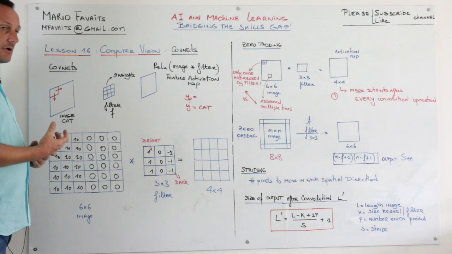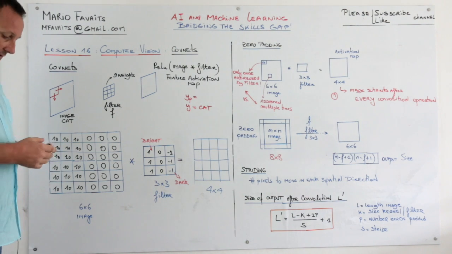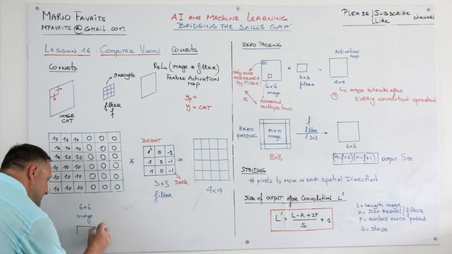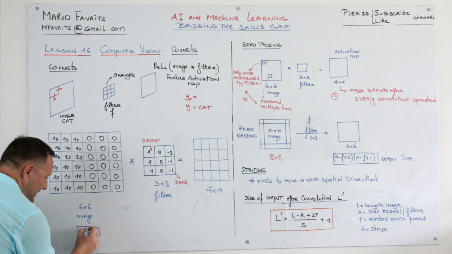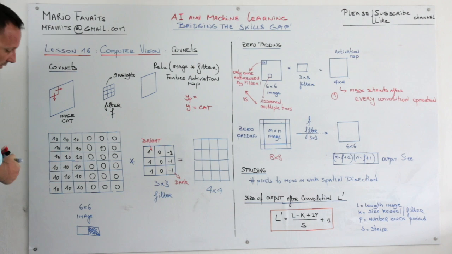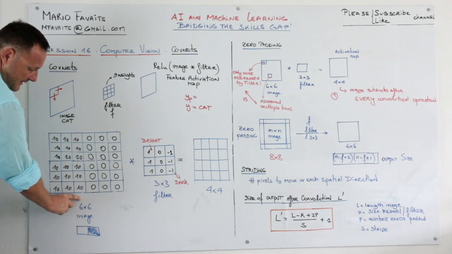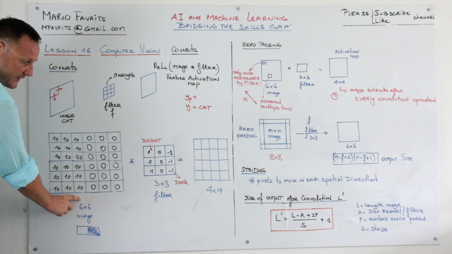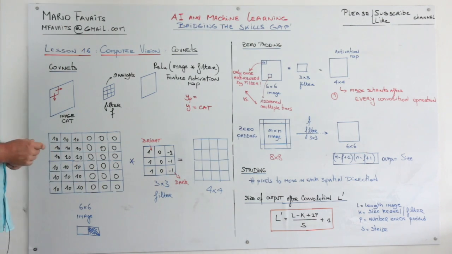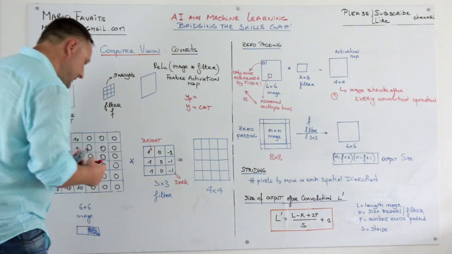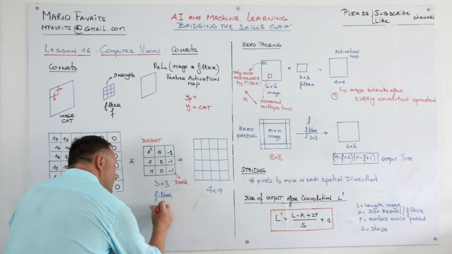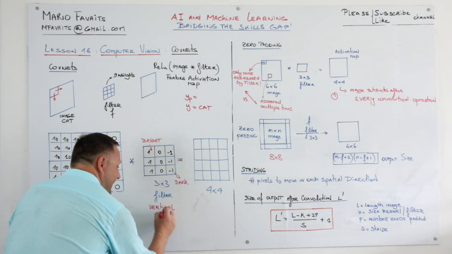Now the higher the number, the brighter the spot. So if you had a brightness representation, you would have a darker view here. And we're going to convolve that with a 3 by 3 filter, and this filter is going to detect vertical edges.